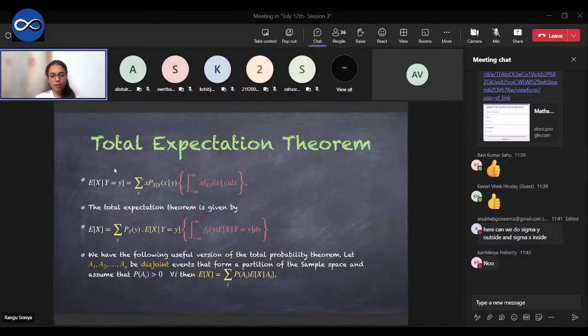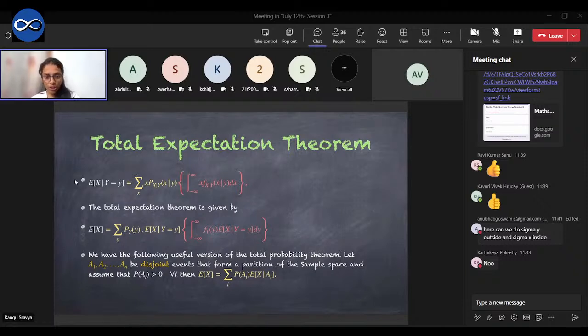This is the same logic as the total probability theorem. There we would find probabilities; here we are finding expected value. That's the only difference. And a similar expression can be written for continuous ones.